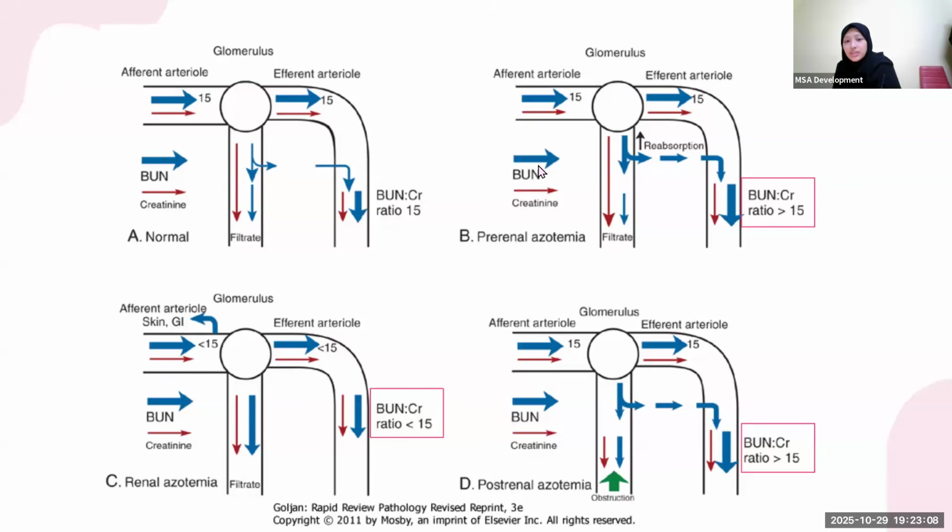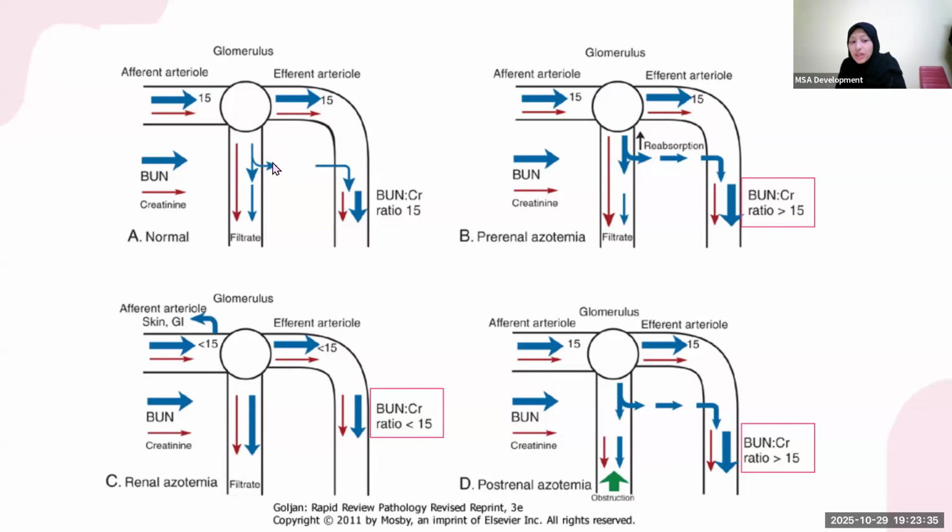If that happens, then the BUN to creatinine ratio will actually what? It will increase. Why? Because if the kidney senses that there isn't enough fluid coming in, it would reabsorb all the fluids it can. Because there is hypotension, there's no fluid coming in, it would reabsorb everything, try to reabsorb as much as it can.